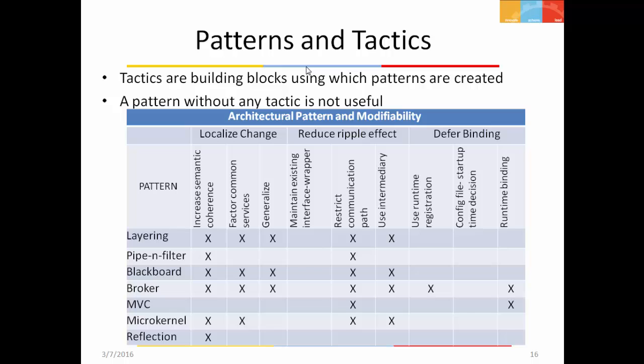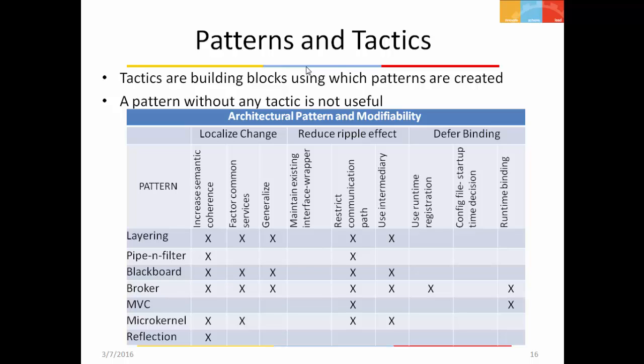Blackboard can also help in factoring common services. It can generalize. Most importantly, it again restricts communication path. Those individual components are not interacting with each other. They only interact through the blackboard. It uses an intermediary, which is the blackboard.